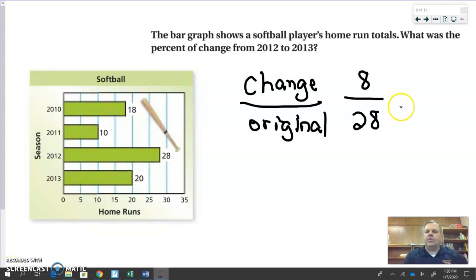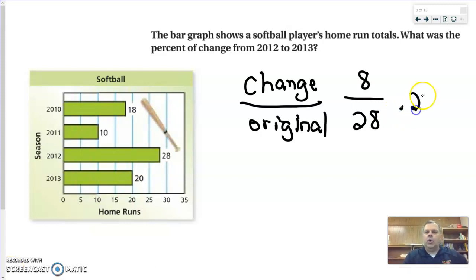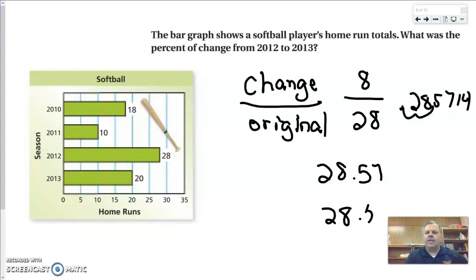This will give us an answer of 0.2857114, and I'll stop right there. We can move the decimal 2 places, so we would get 28.57 or 28.6%. Notice that this is a decrease because the totals went down from the year before. A decrease, 28 to 20.